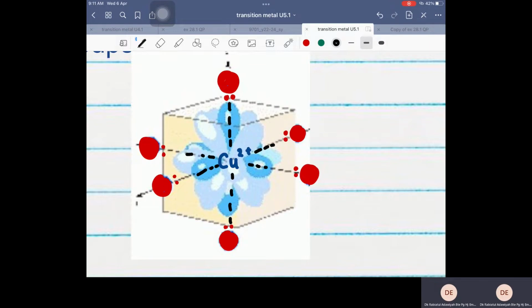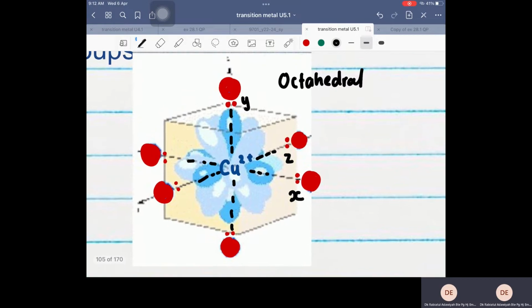So I will just call this X, Y, and Z. Ligands in an octahedral complex will approach the copper 2+ on the axis. So if you imagine, I have ligands coming here on the x-axis and z-axis.